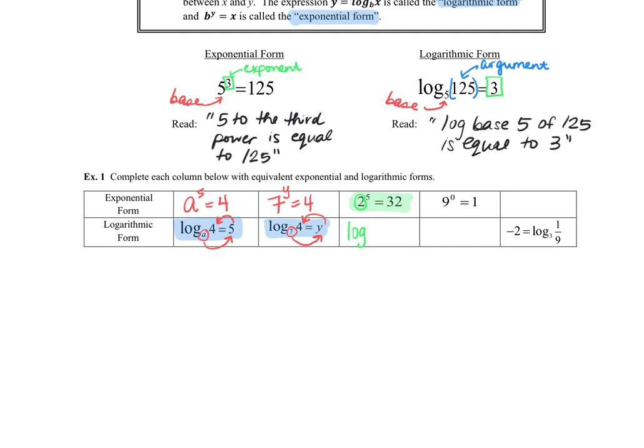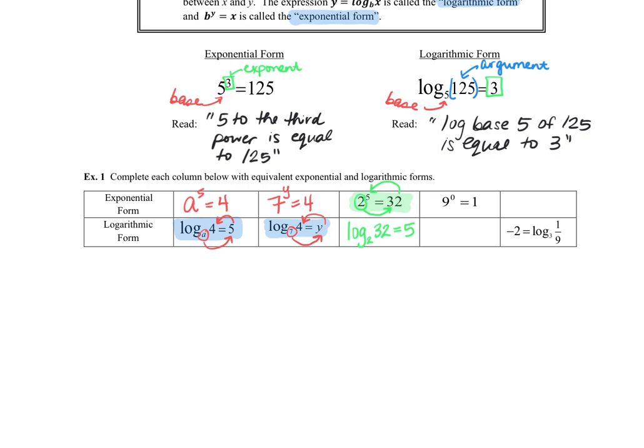But if the base is 2, then you need to write that as a subscript. So it's small and sunken down a little bit, log base 2. But we still continue that looping motion where you go around the equal sign. So log base 2 of 32, so 32 is going to be our argument, is equal to the exponent, and the exponent is 5. Remember, a logarithm is an exponent.